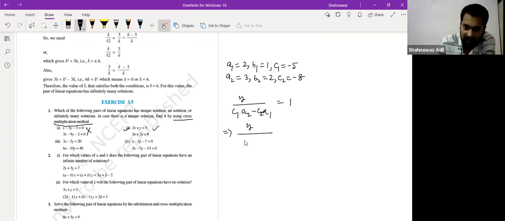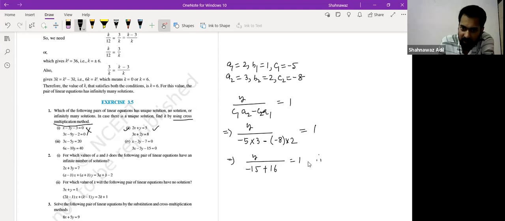So minus 5 and 3, right? Into 3. And minus 8, into 2, right? And this is 1. So this becomes what? y by 15 plus 16 is 1. So this becomes x by 1, 1. One. So x is 1.